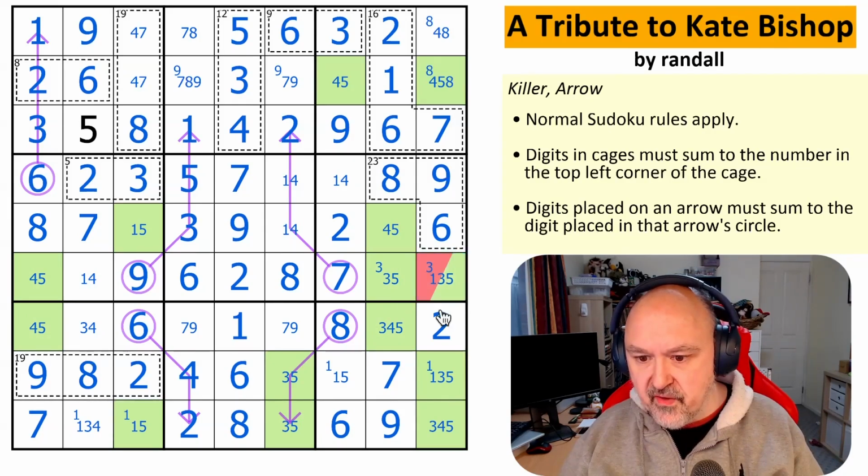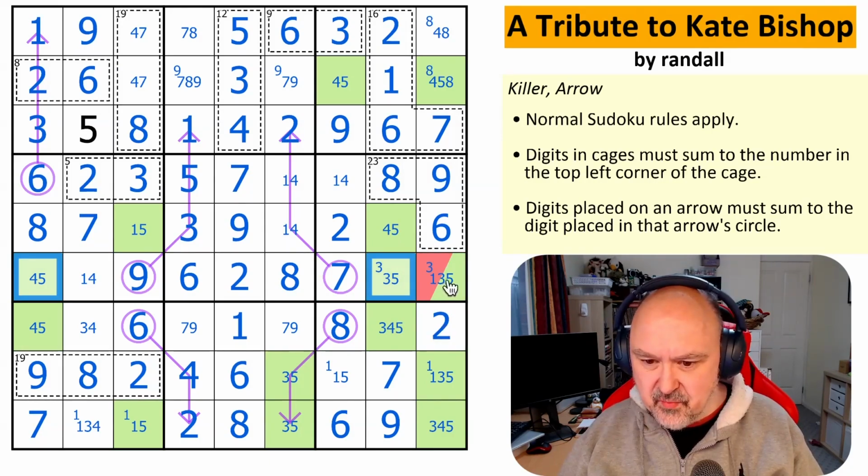Now, this is a tricky finned X-wing to spot. If this was a 5, it's pushing the 5 out of that. I mean, it might be a finned X-wing, I don't know. But if there is a 5 here, it's pushing the 5 out of 2 of the possibilities in the same row.